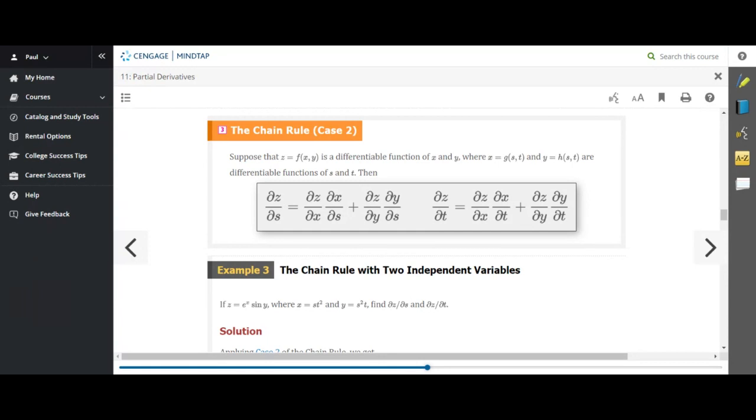I'm just going to go to example 7 in the book. I want to show you one example where they do a second partial derivative using the chain rule. Okay, let me go to the book for that. One moment.